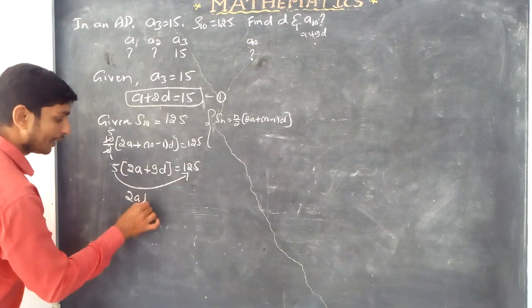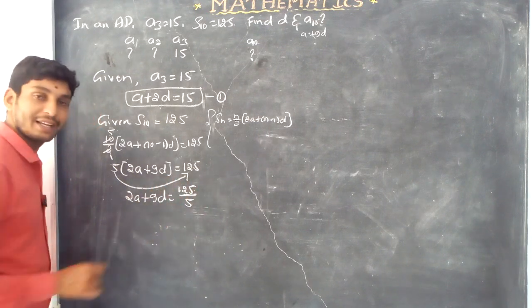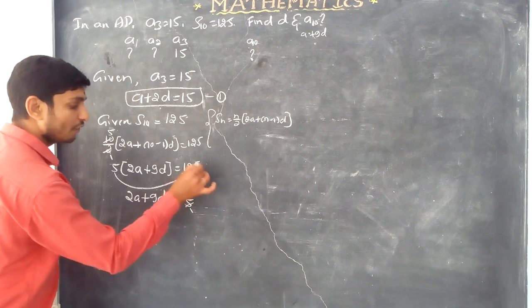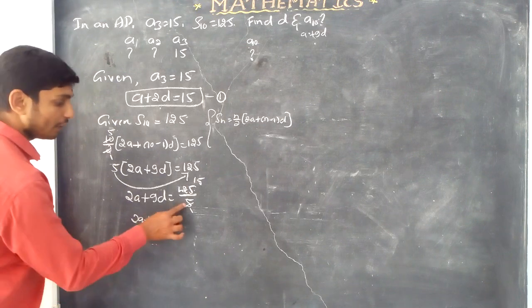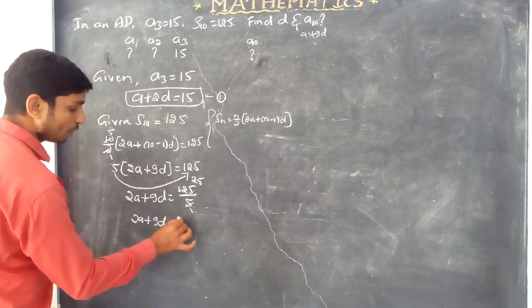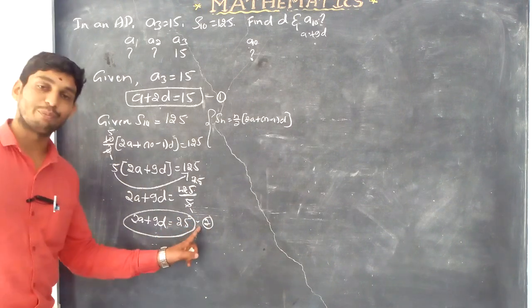That is 2a plus 9d equals 125 divided by 5. 5 2s are 10, correct? 5 5s are 25. So 2a plus 9d equals 25. Call that one equation number 2.